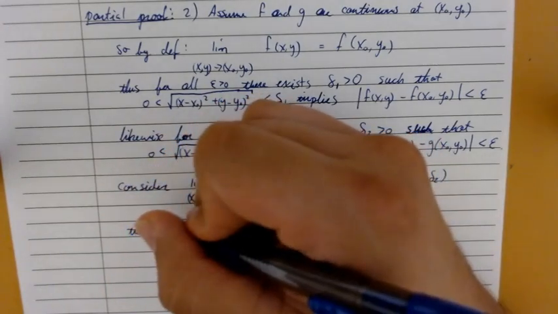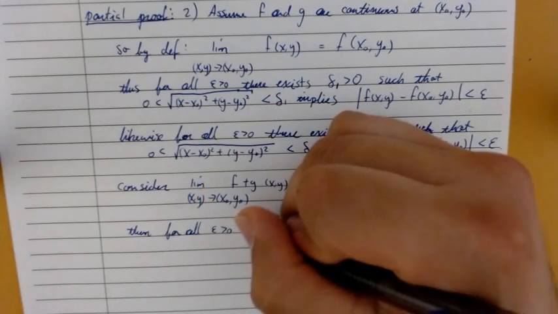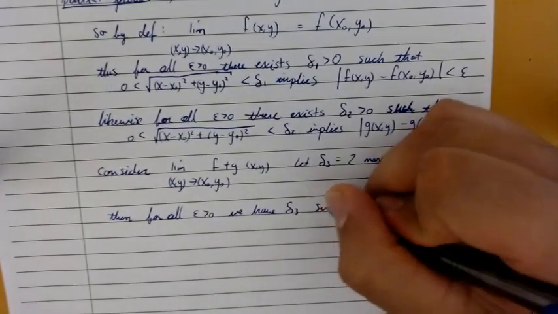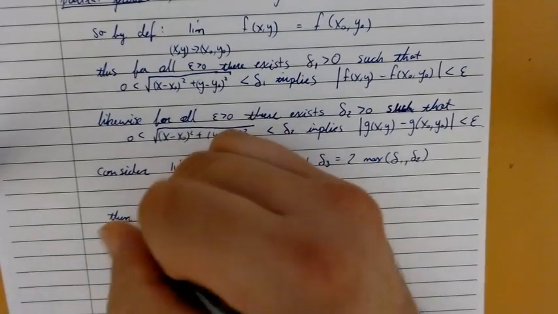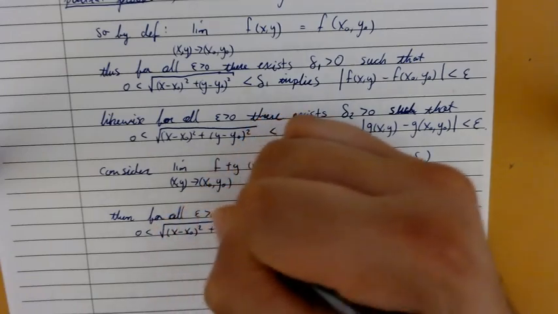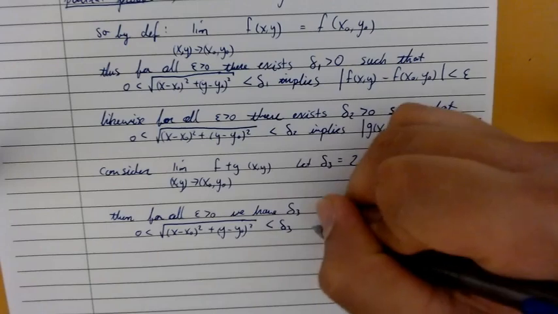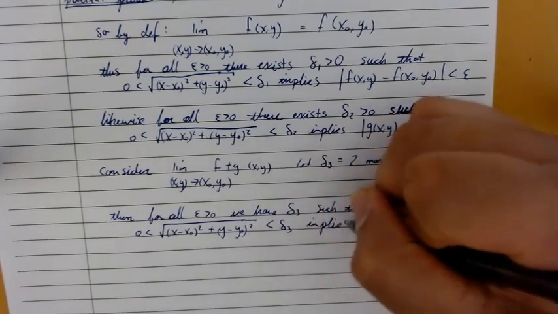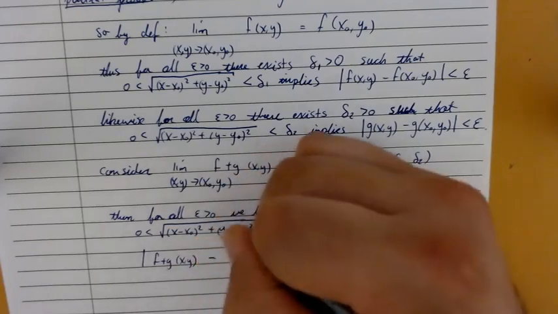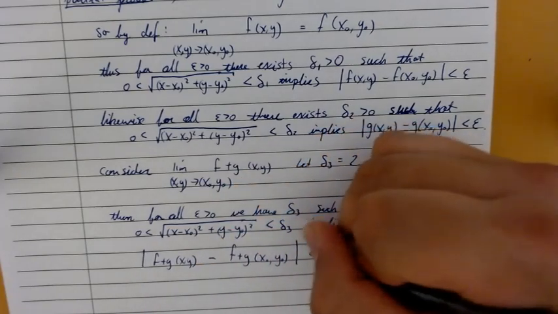Then, for all epsilon greater than 0, we have delta 3 such that 0 less than the square root of (x minus x naught) squared plus (y minus y naught) squared is less than delta 3, implies that the absolute value of (f plus g)(x,y) minus (f plus g)(x naught, y naught) is less than epsilon.